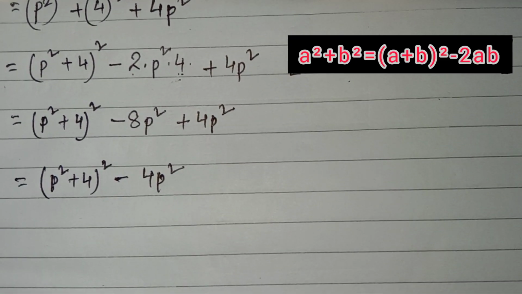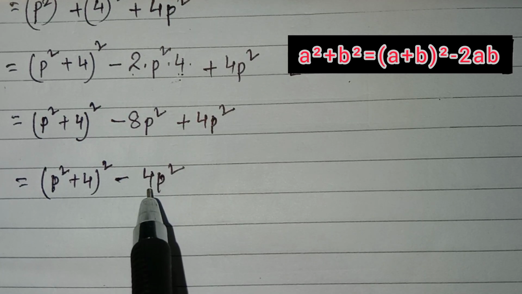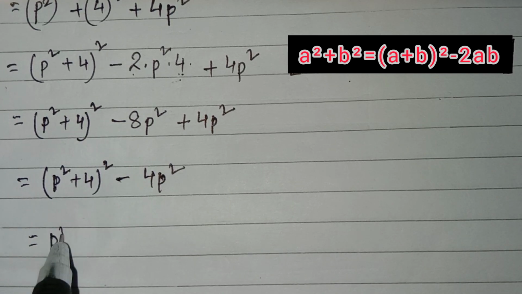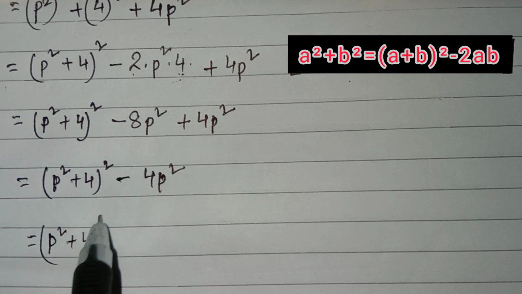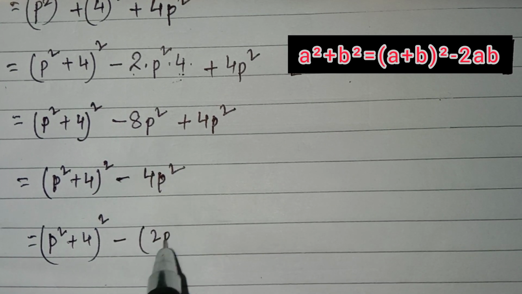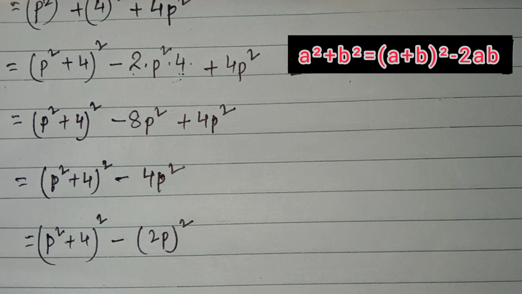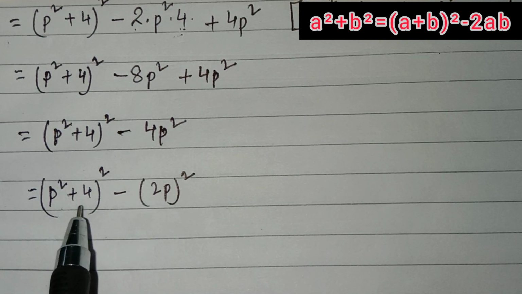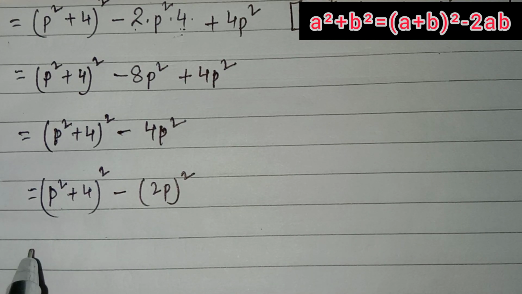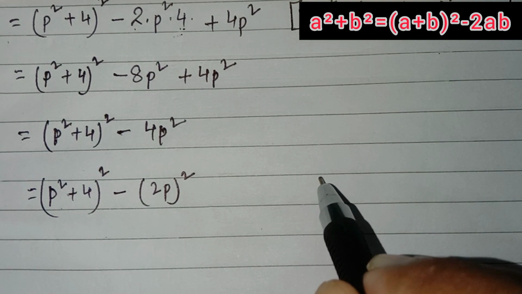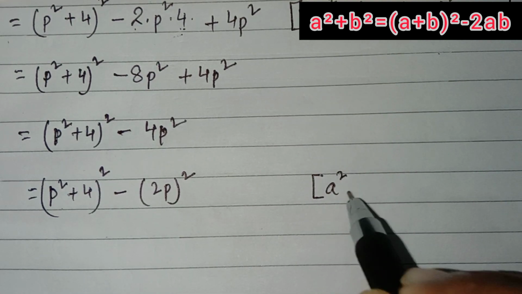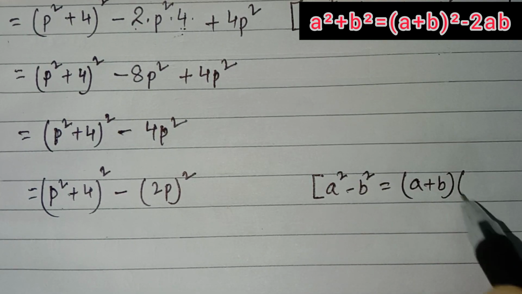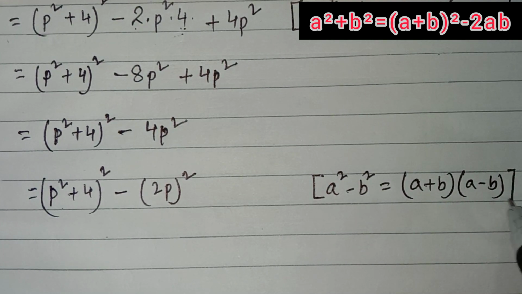Okay, and further this 4p square can be written as 2p whole squared, so it will be p square plus 4 whole squared minus 2p whole squared. Now this can be seen as the difference of squares. Difference of squares is a square minus b square, which is equal to the sum of these two times the difference of these two.